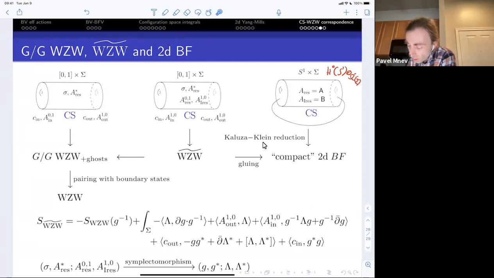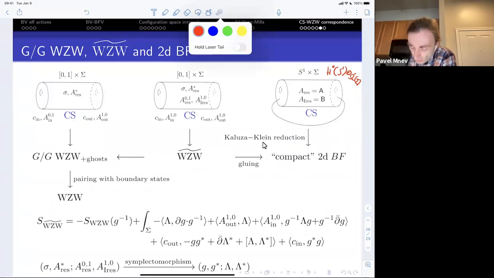Well, the zeroth cohomology I call here A straight, and the first cohomology I call B straight. And the effective action here is easily computed, and that's two-dimensional BF theory in Batalin-Vilkovisky formalism, with some interesting caveats that there are unusual large gauge transformations acting on the B field. So that's what sometimes is called compact two-dimensional BF theory.